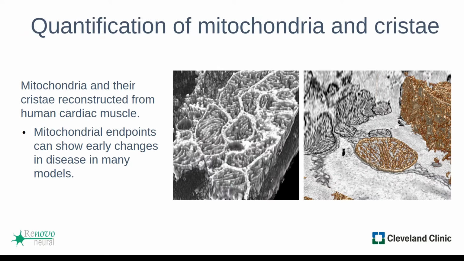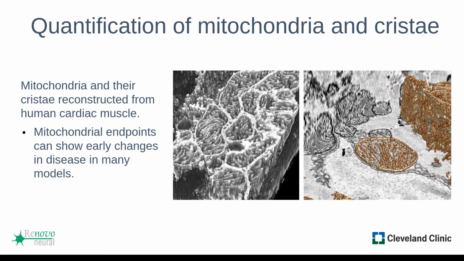Another application example of this technology would be mitochondrial analysis for endpoints such as size, volume, branching, cristae density, clustering, and more. Mitochondria and their cristae can be reconstructed. So in this image, mitochondria cristae are reconstructed from human cardiac muscle. And mitochondrial endpoints are really important, because they can often be used to show early changes in many disease models and are early indicators of disease recovery and the effects of therapeutics and other interventions.